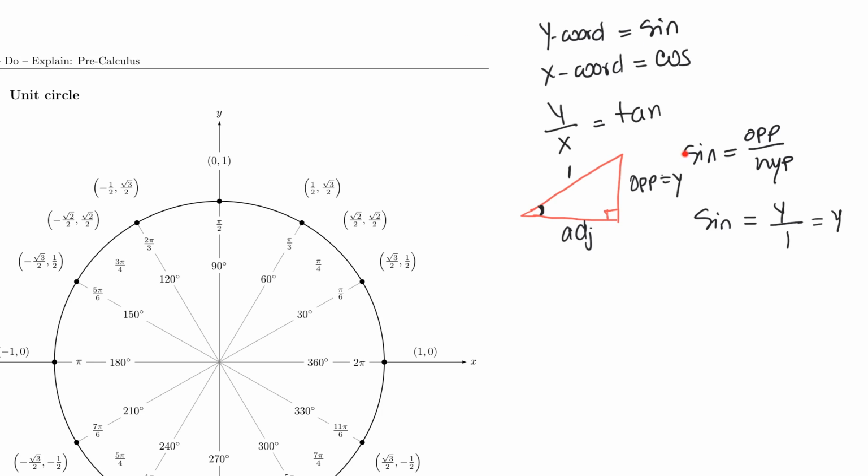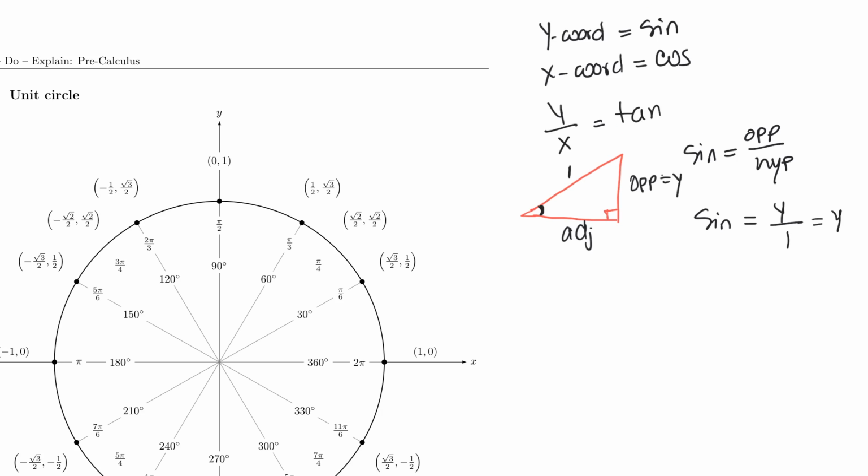If we do the exact same process but calculating the cosine, remember it is adjacent over hypotenuse, which is again the x-axis over the radius of the circle and will be the x-coordinate. And tangent is just sine over cosine, and sine is y and cosine is x, so it's just y over x. That is why we come up with this.